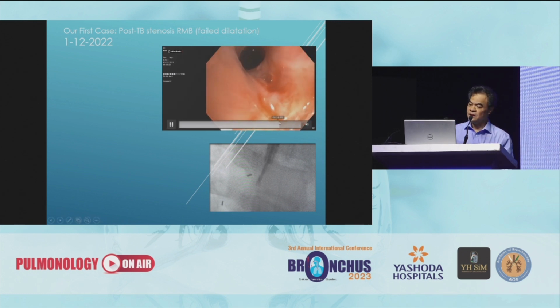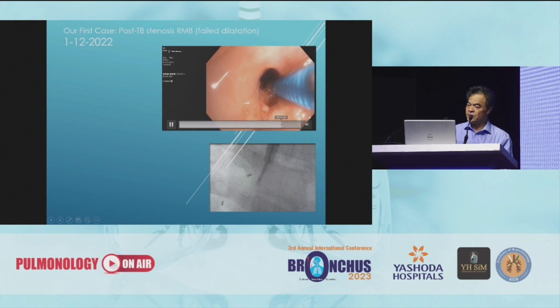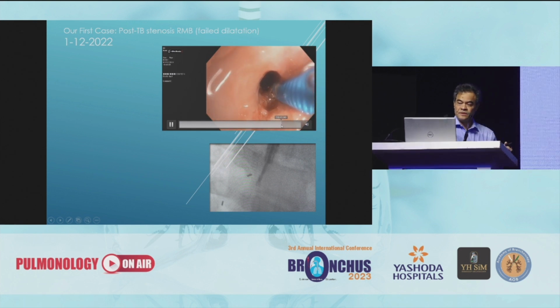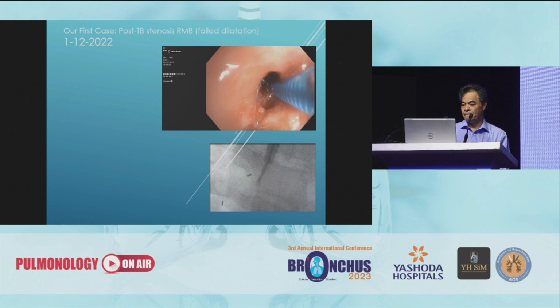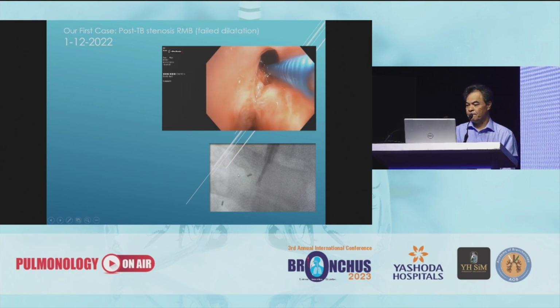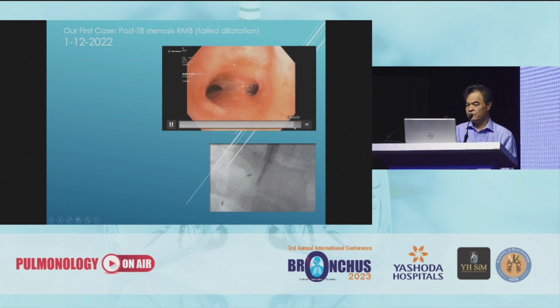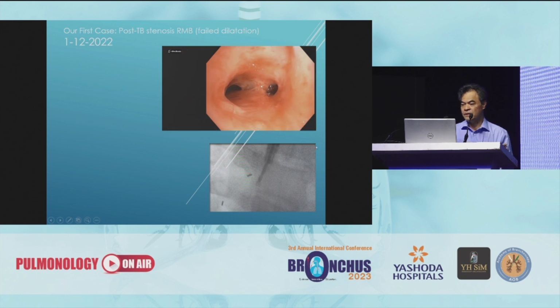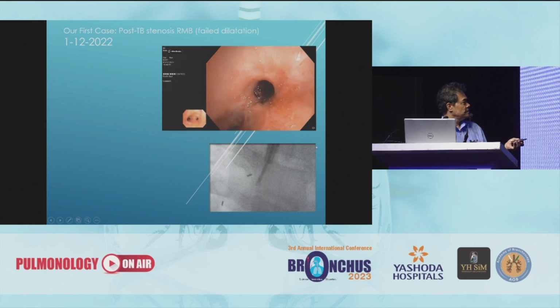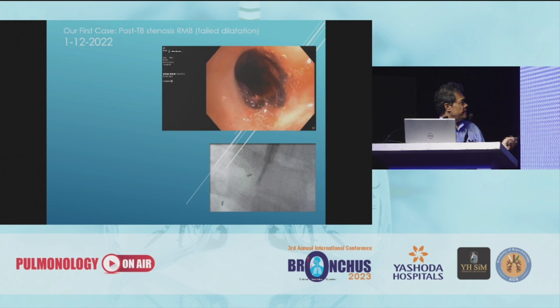It was a bit distal, so we used a flexible forceps to pull it out a bit. All right, so this is the final location of the BD stent there.